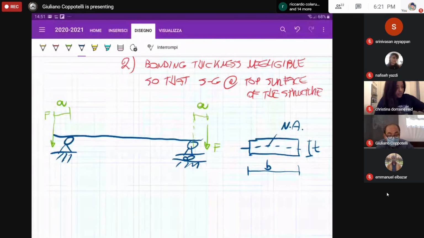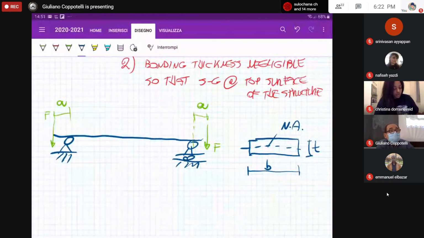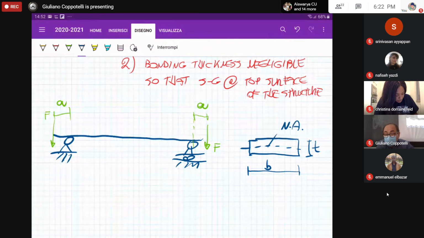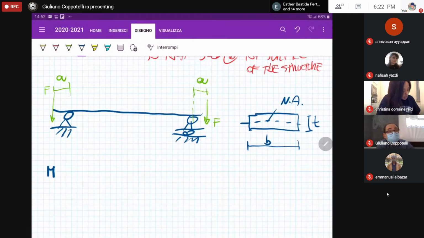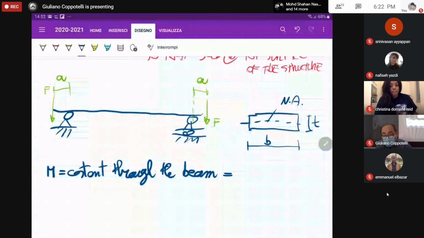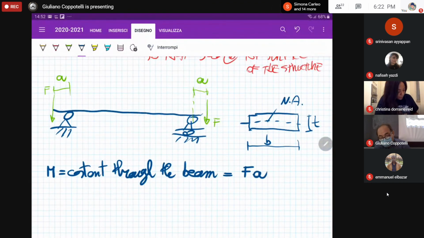Under these circumstances of boundary conditions, material and shape, what I can say is that there is a uniform distribution of the bending moment. So the bending moment is constant through the beam and equal to F times A.